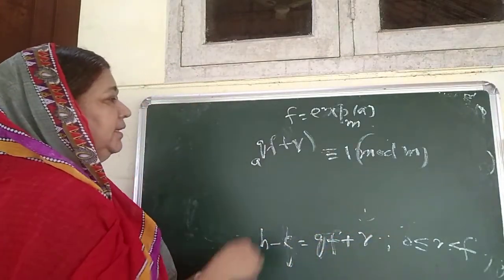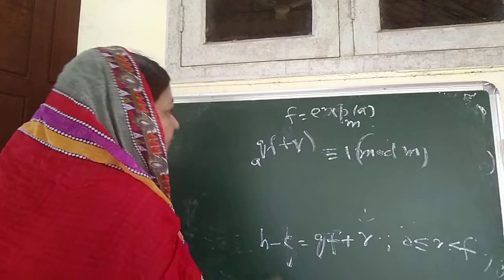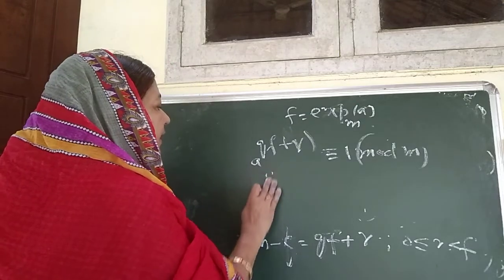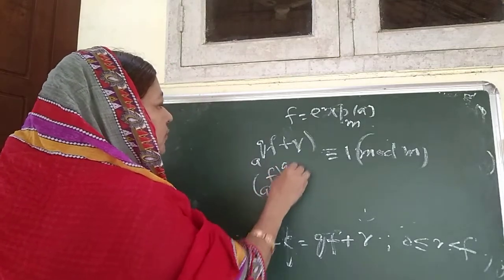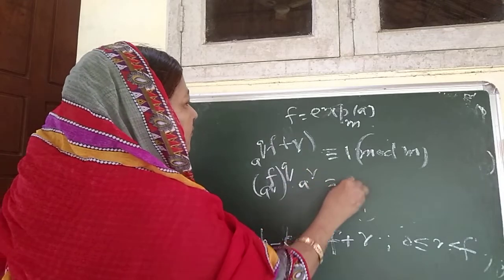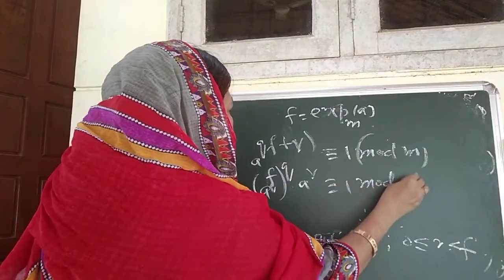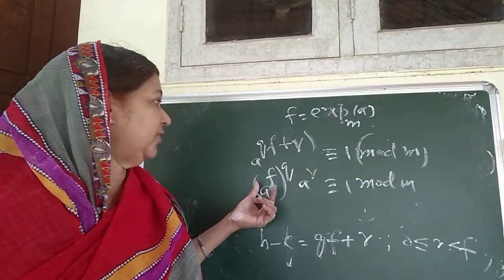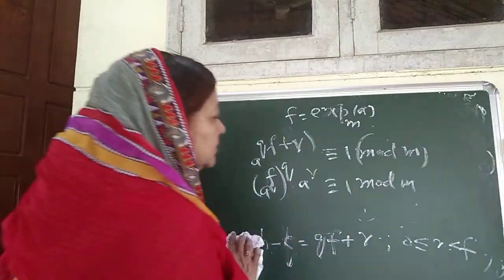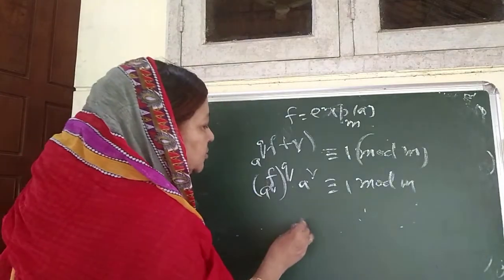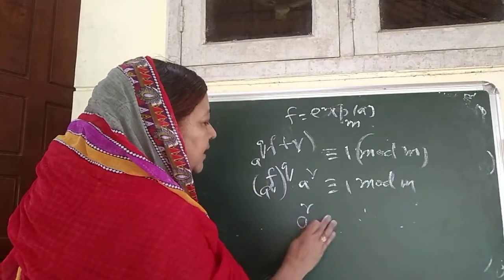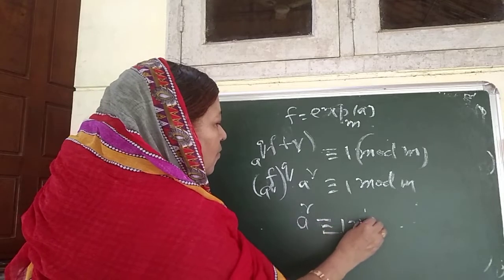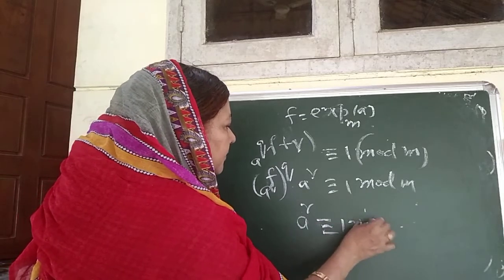That is, a raised to qf, a raised to f, the whole raised to q into a raised to r is congruent to 1 modulo m. But f is the exponent of a. Therefore, a raised to f equal to 1. So we get a raised to r is congruent to 1 modulo m.